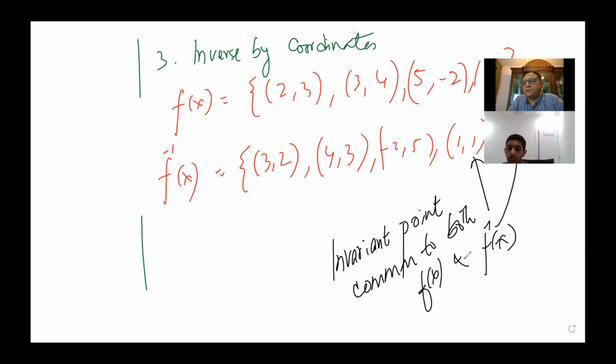Invariant does not vary. Is that so? Any point of the form (a, a) will be invariant. Is it okay? Yeah. Now, the inverse is a function. Clearly, we have seen that the domain values are all distinct, right? So they are not repeating, and therefore inverse is also a function for this particular case. Correct? Yeah. Easy.